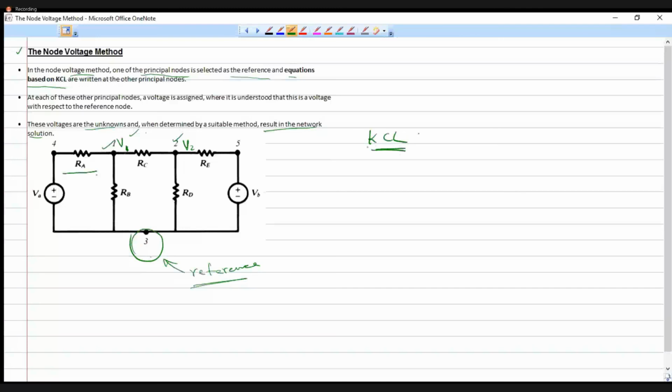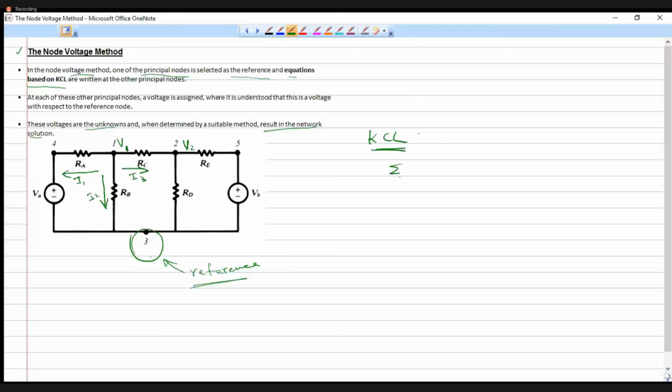We can assume that some current is leaving this node. With respect to node 1, let us discuss first. For node 1, I have to write Kirchhoff's current law. I can assume currents that are leaving this node. Let me call these I1, I2, and I3.